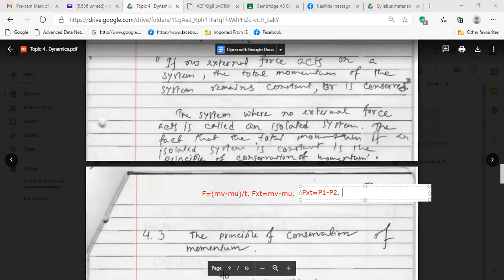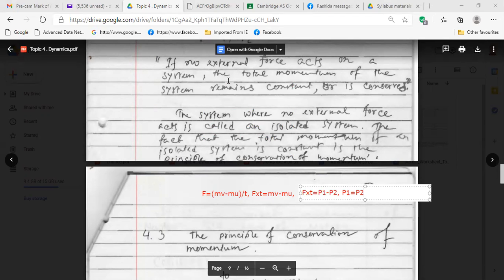We can write P1 equals P2, right? So the momentum is equal and opposite, because P1 minus P2 we can write zero. So P1 equals P2.